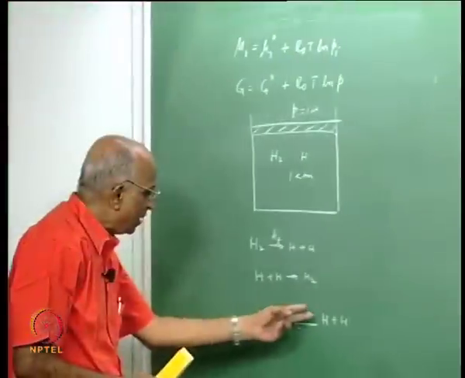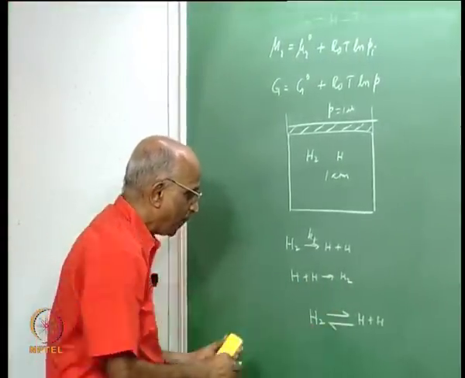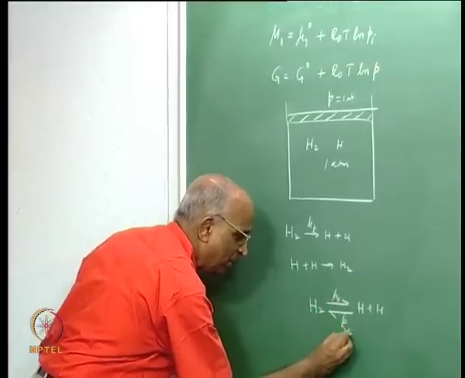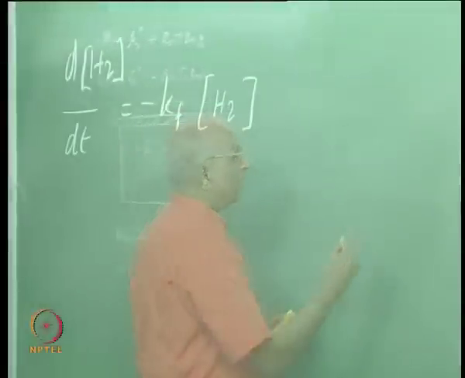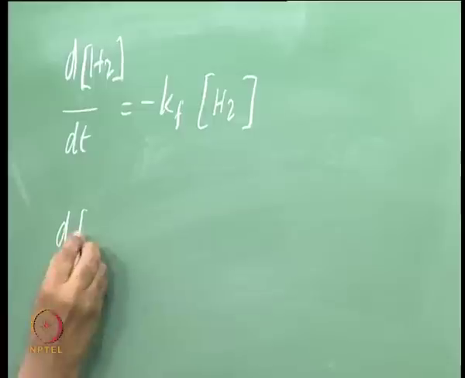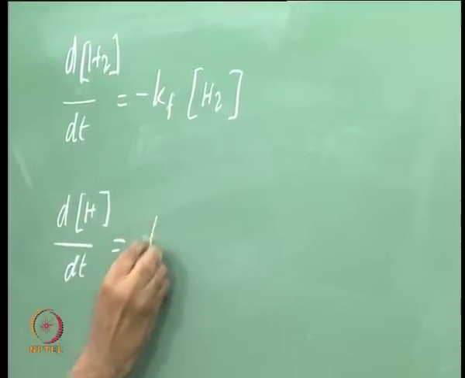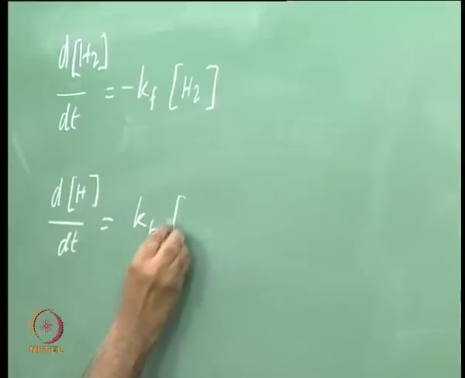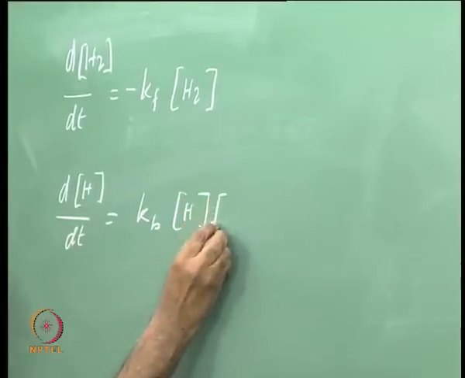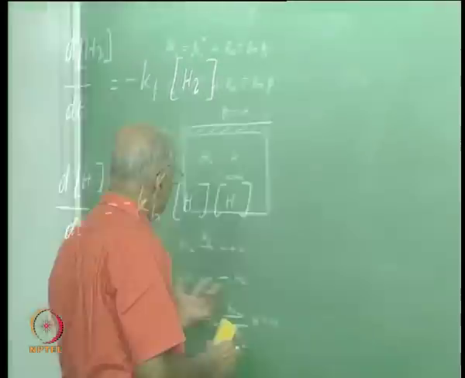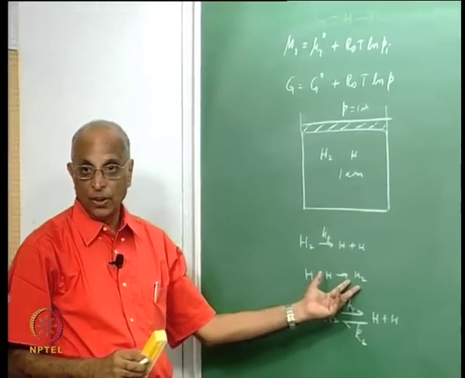I want to write the same equation for the reverse reaction. Forward reaction is Kf, backward reaction is Kb. I can write the rate at which dH changes with respect to dt goes as Kb into H into H over here, with a factor of 2, and mind you, according to this reaction this also keeps decreasing.